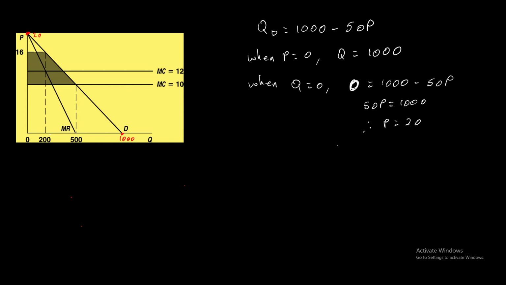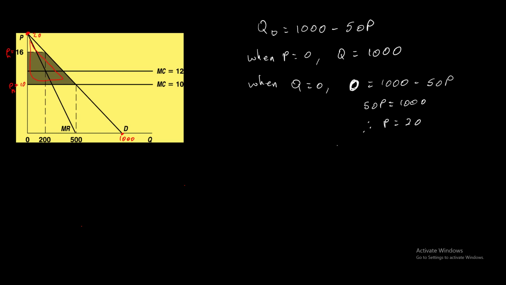Under perfect competition, the price was equal to $10, and under the monopoly, price was equal to $16. I'll write a small PC and a small m to show perfect competition and monopoly. The consumer surplus for perfect competition is the area of this entire triangle up here.